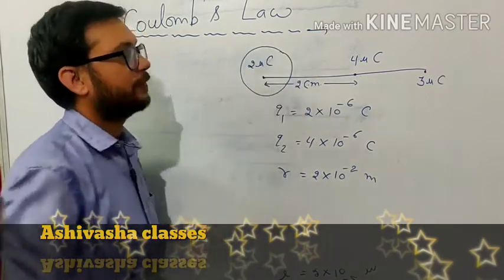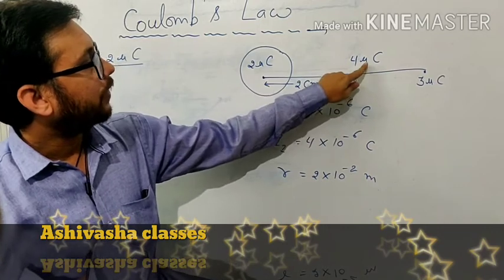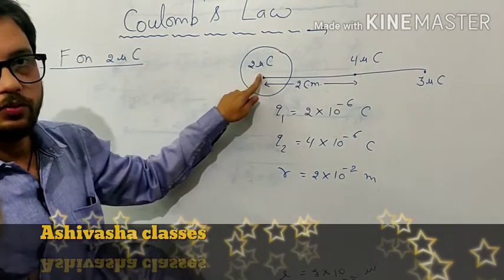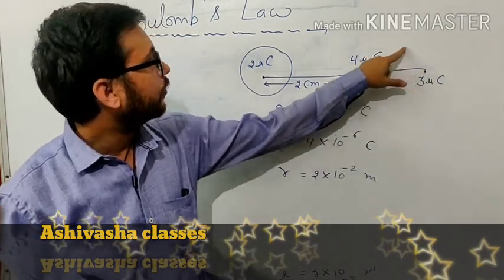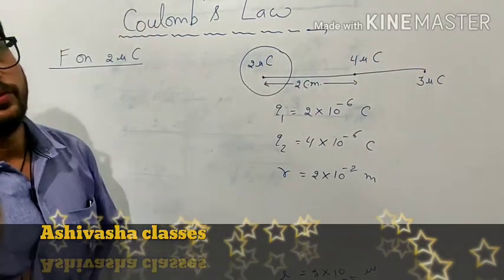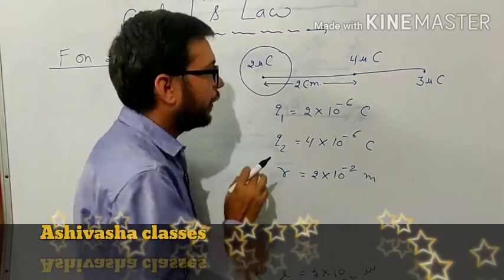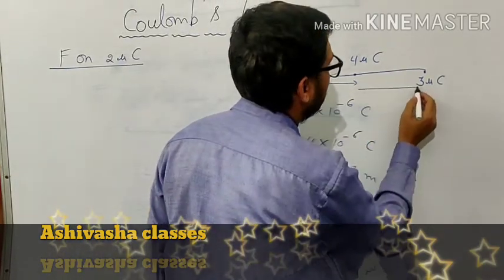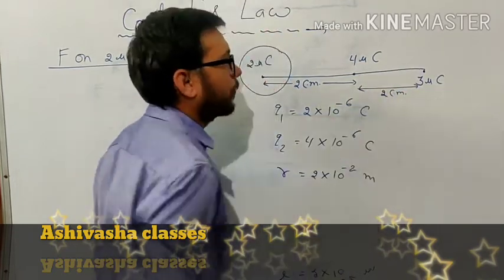So it means this 4 microcoulomb will apply a force on 2 microcoulomb, and the 3 microcoulomb will also apply force on 2 microcoulomb. The distance between these two is 2 centimeter, and let's suppose the distance between 4 and 3 is also 2 centimeter.